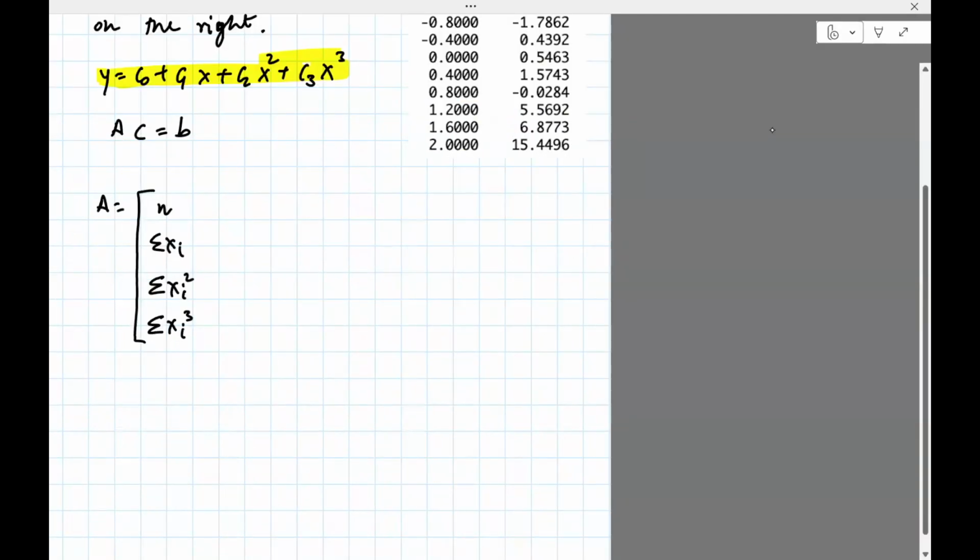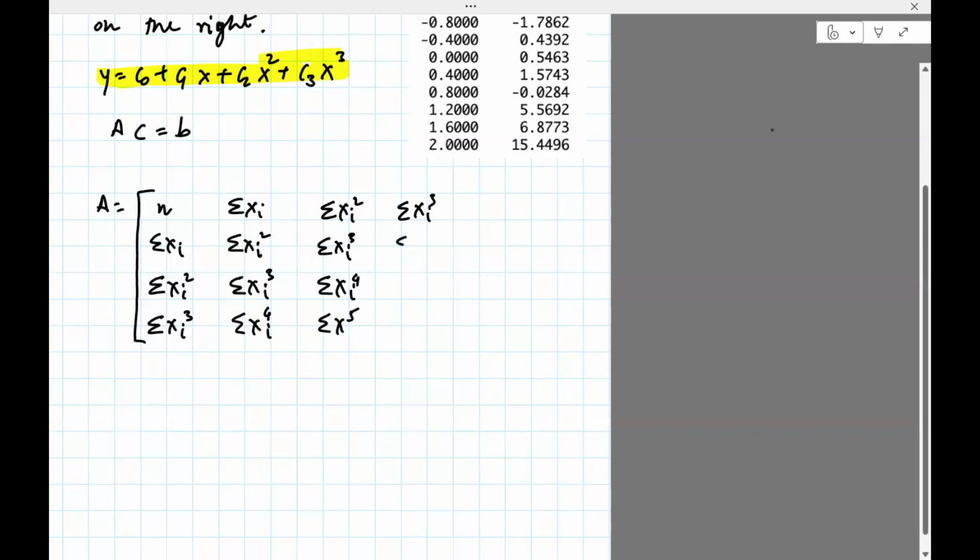That's the first column. Then we have summation xi square, summation xi cube, summation xi raised to 4, summation xi raised to 5, summation xi cube, xi raised to 4, 5, 6.